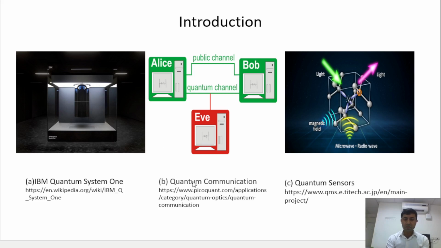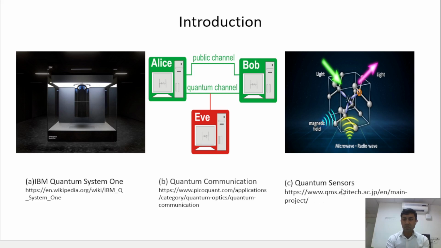Quantum communication is the method of protection of information channels, as here there is a public channel and a quantum channel, against external interference through quantum cryptography. In simple words, quantum cryptography describes the use of quantum mechanical effects for coding and decoding of data.